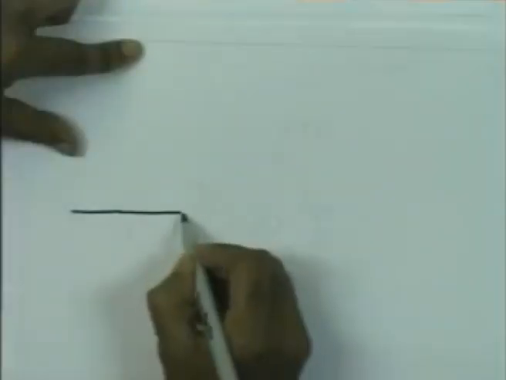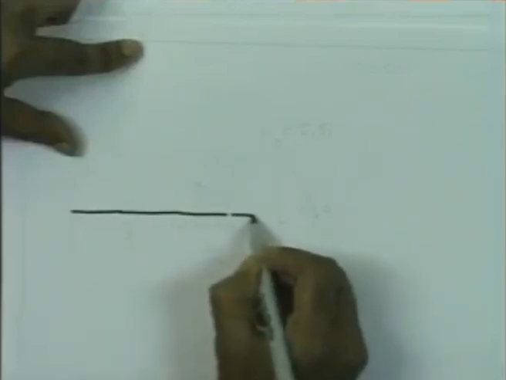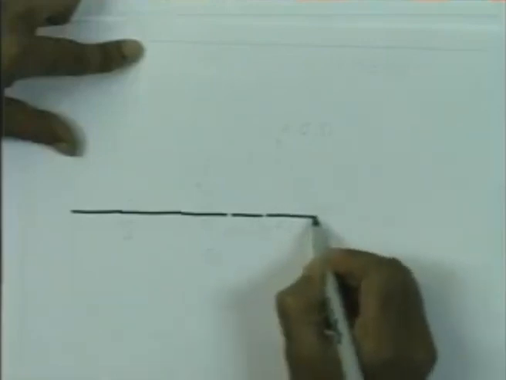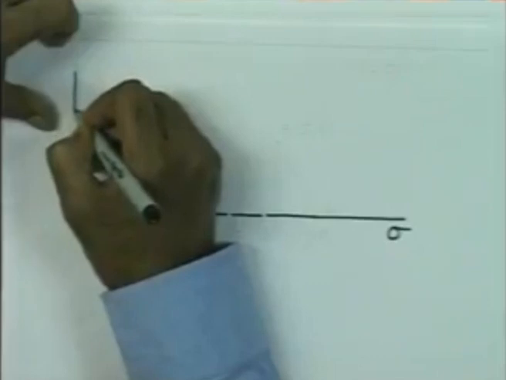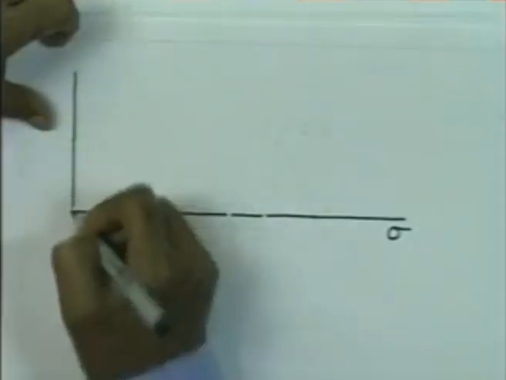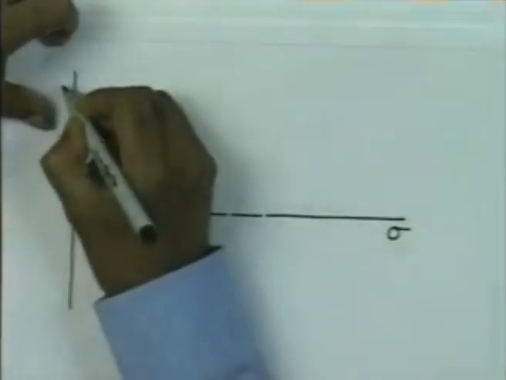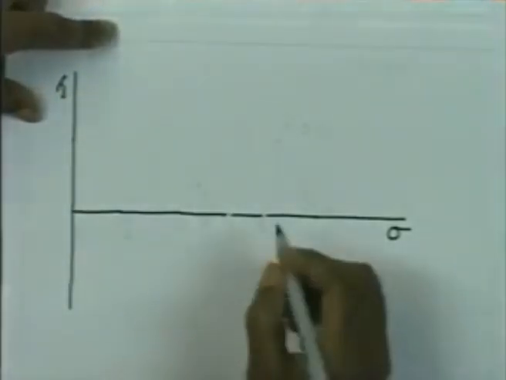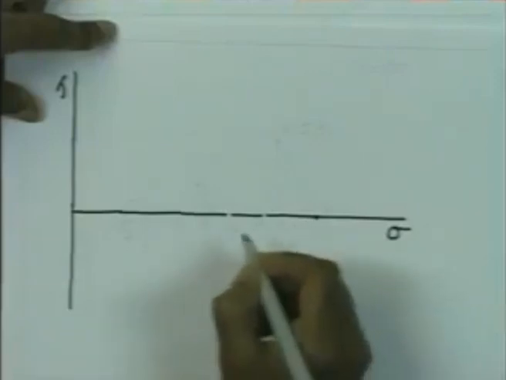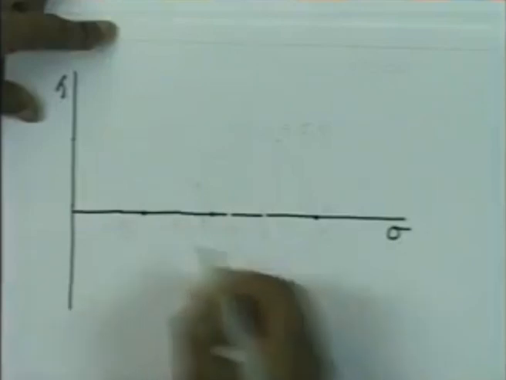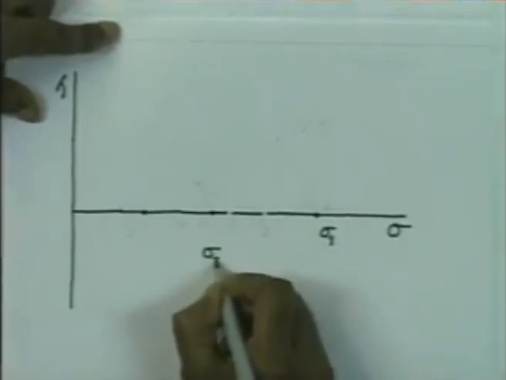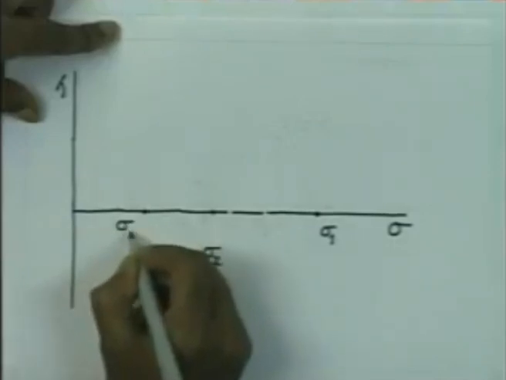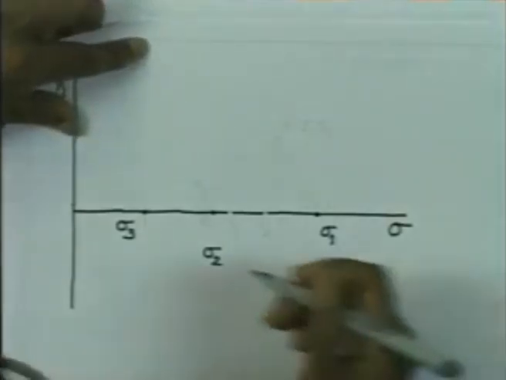First of all, you select your axis, this is the sigma axis, this is the tau axis, and then say sigma 1 is here, sigma 2 is located here and sigma 3 is here. Now, we draw the 3 circles.